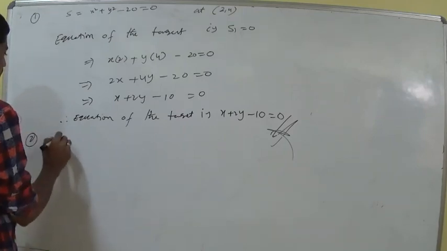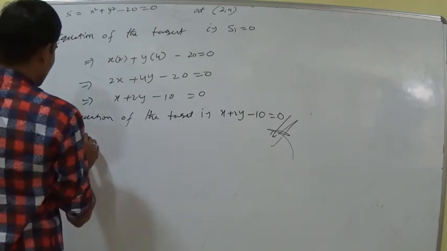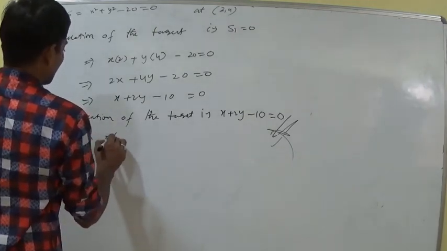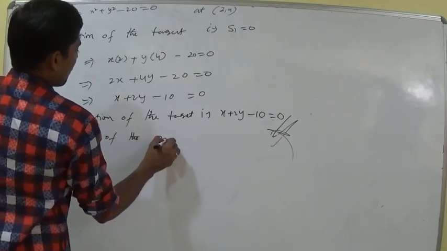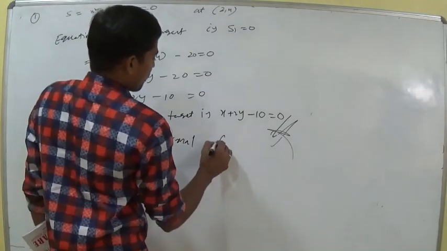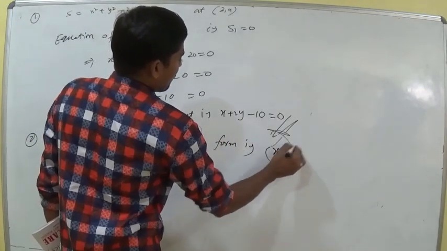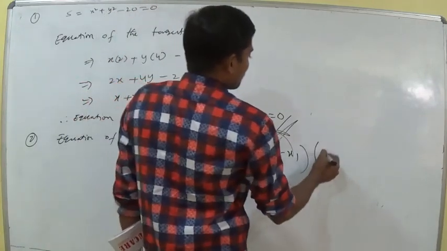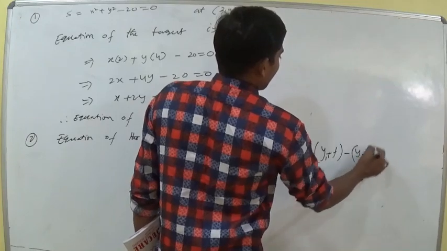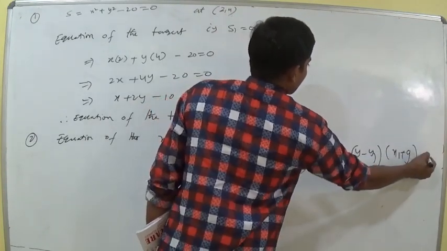Second one, the equation of the normal form is (x - x1)(y1 + f) - (y - y1)(x1 + g) = 0.